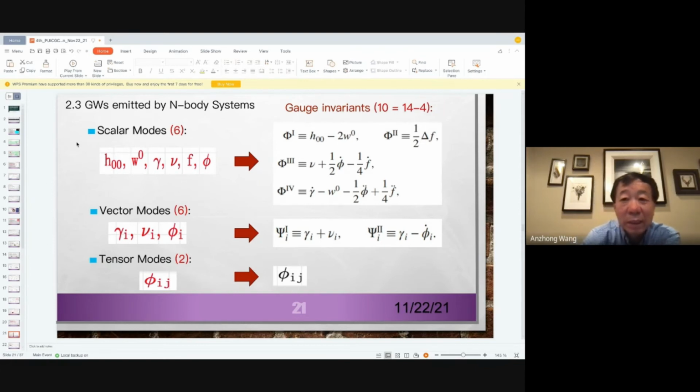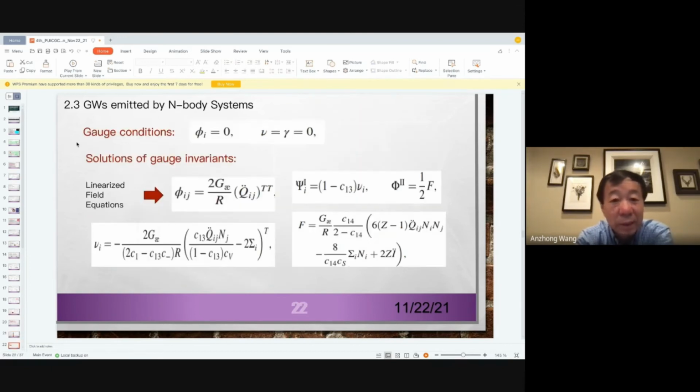Then you will see there are a total of 10, because of the total 14, we have 4 gauge freedoms. So 14 minus 4, we have 10 independent perturbations.